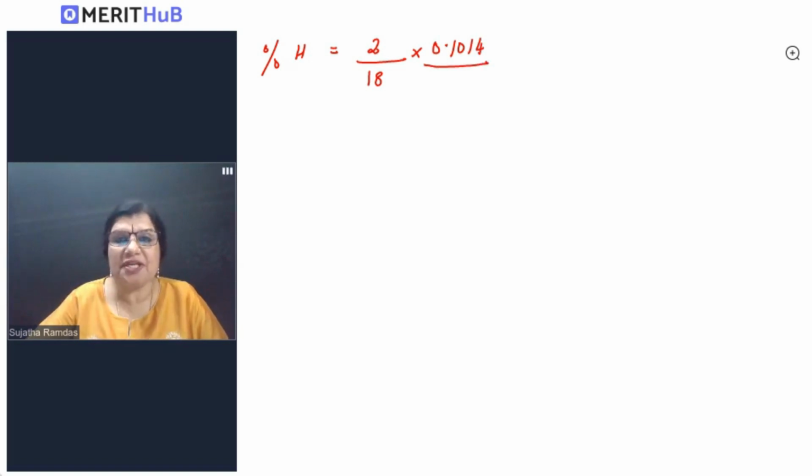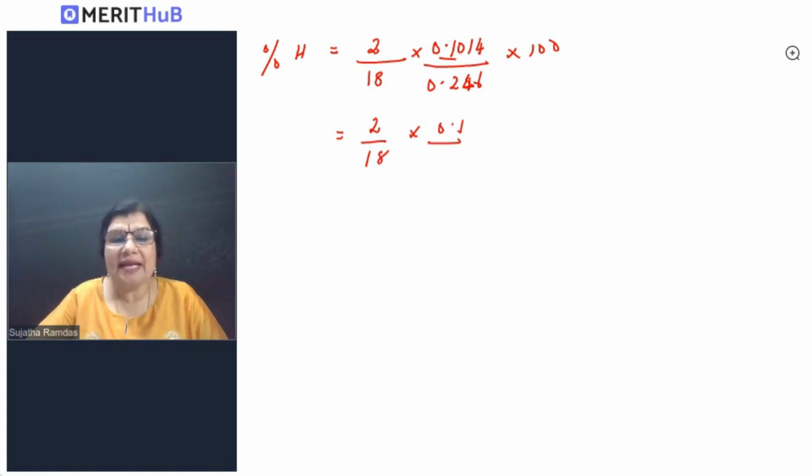This mass of hydrogen is present in 0.246 gram of the organic compound, and into 100 will give you the percentage. Let's do some rounding off of numbers to make the calculation easier. 2 by 18. Let's retain this as 0.1 and let's convert 0.246 to 0.25 into 100.